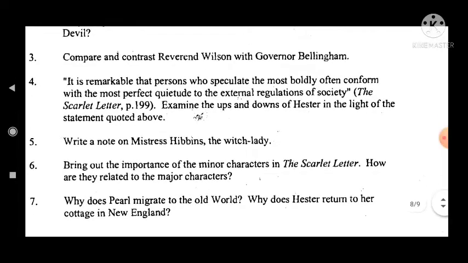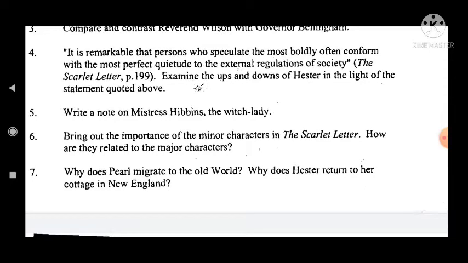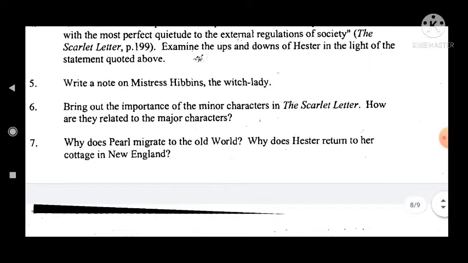Compare and contrast Reverend Wilson and Governor Bellingham. It is remarkable that persons who speculate most boldly often conform with the most perfect quietude to the external regulation of society. Examine the ups and downs of Hester in The Scarlet Letter in the light of the statement quoted above.